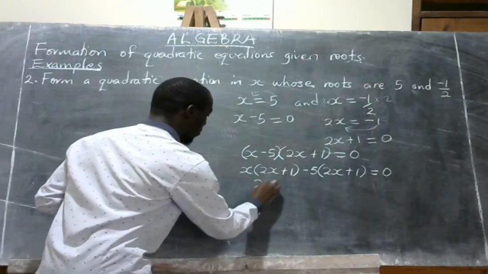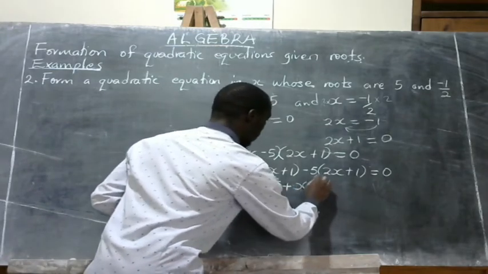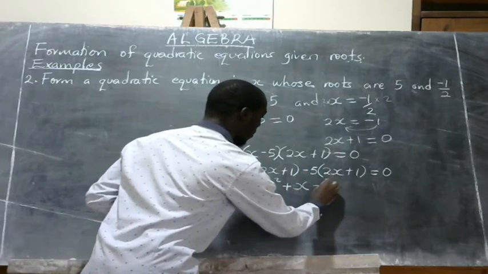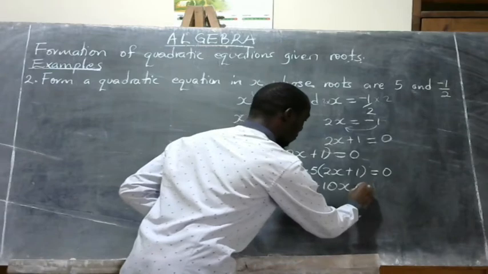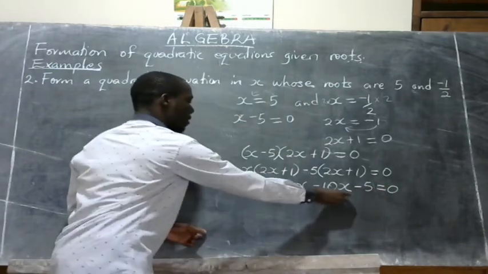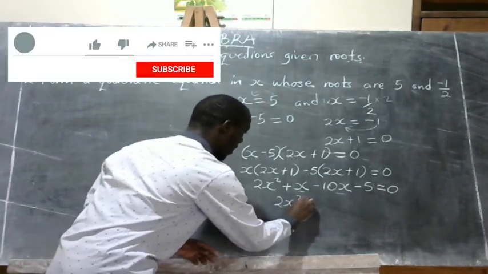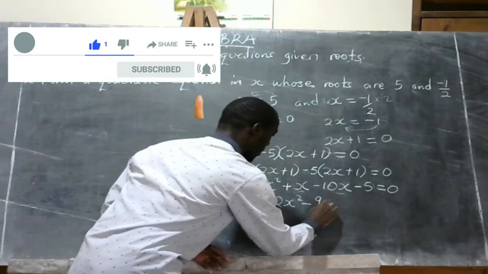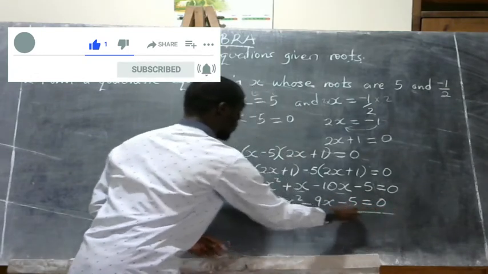Expanding here, this is 2x squared plus x, minus 5 times 2x is minus 10x, and then minus 5 times positive 1 is minus 5, is equal to 0. Like terms, I add them. So this is 2x squared minus 9x minus 5 is equal to 0.